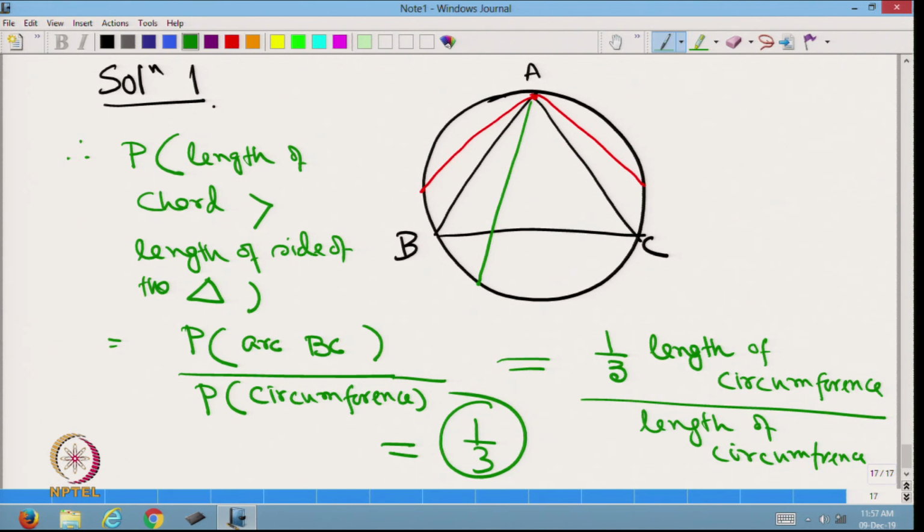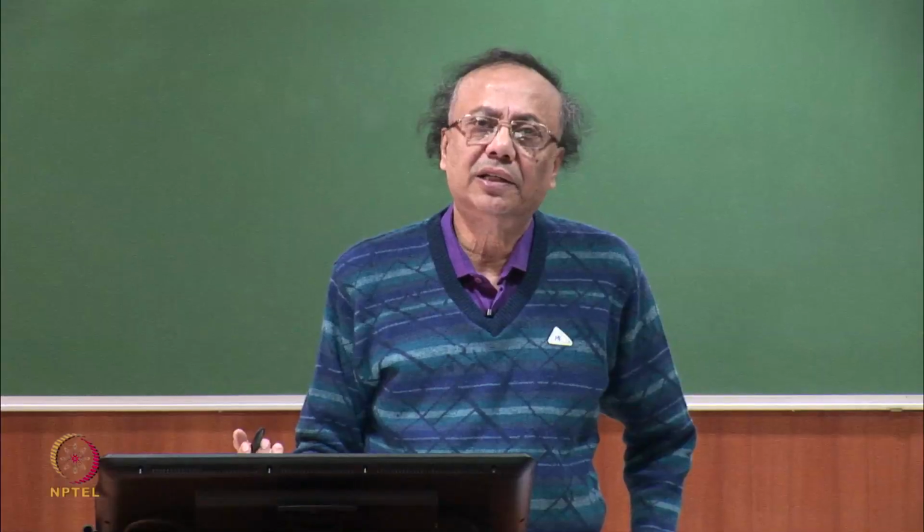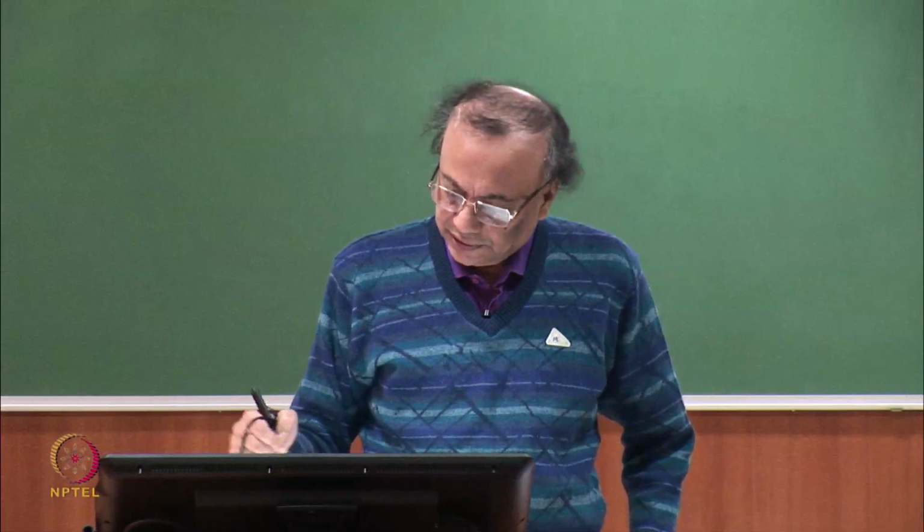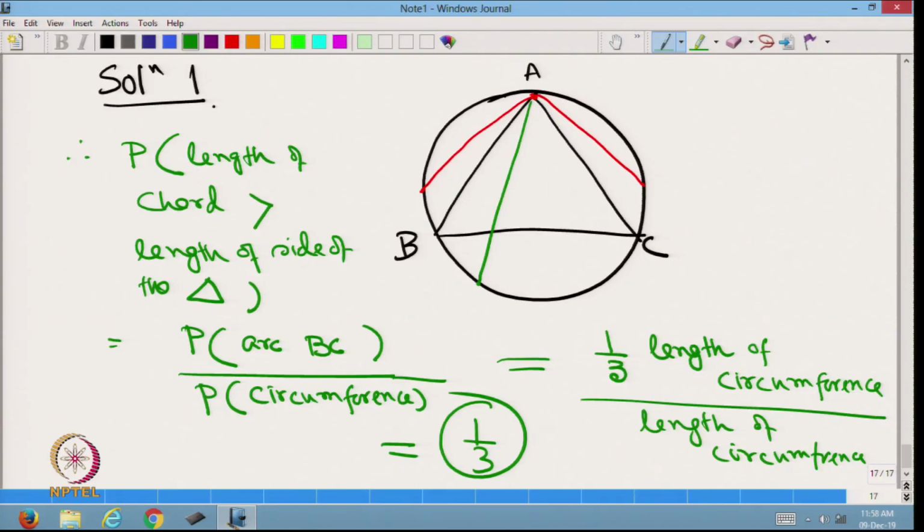You have to understand that we have fixed one end of the chord at one of the vertices of the triangle. Therefore, any arbitrary equilateral triangle that you take, we can always see that the same thing is going to happen, and therefore, probability of the event is going to be 1 by 3.